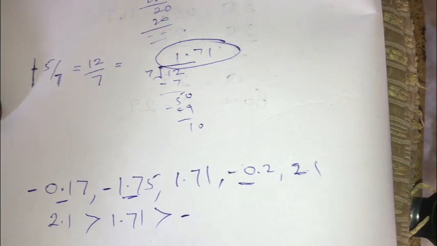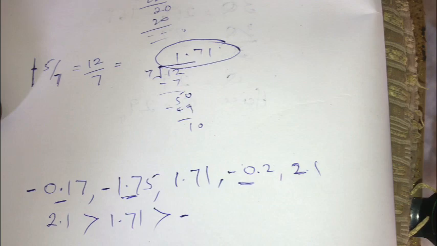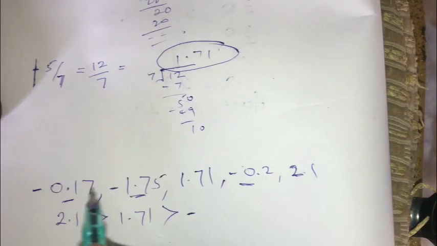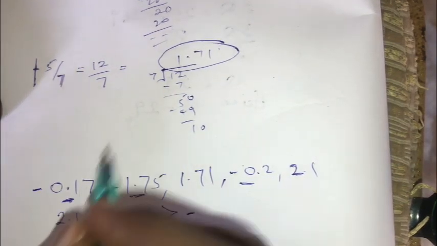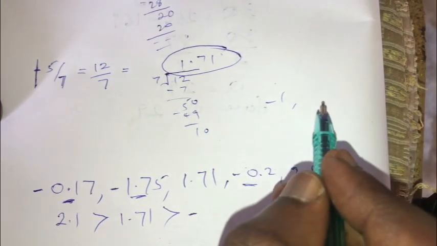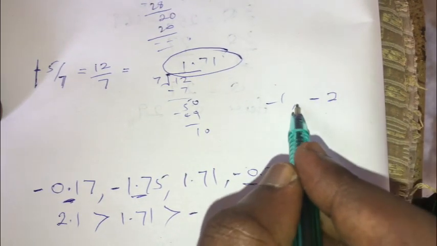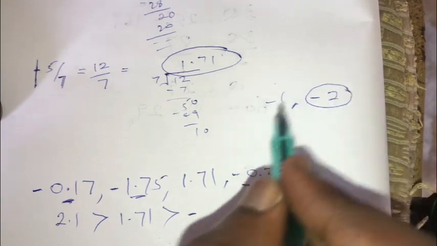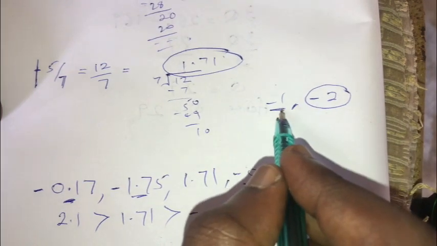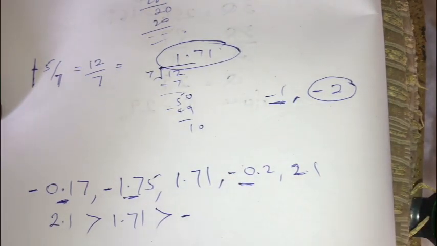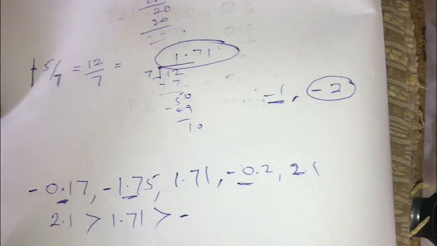The smallest is the one with the largest negative value. So -1 and -2, which one is small? It's -2. Which one is big? -1. So when we come to negatives, it's just the reverse.